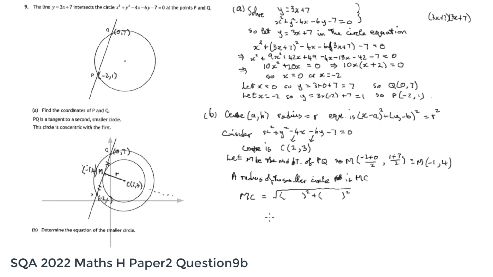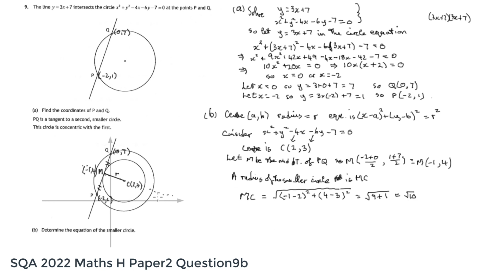Let's look at the x difference squared. -1 minus 2. Let's look at the y difference. 4 for the y coordinate minus 3. So we've got the square root of, that's -3 squared, that'll be +9, plus 1 squared, that's 1, so it's square root of 10.